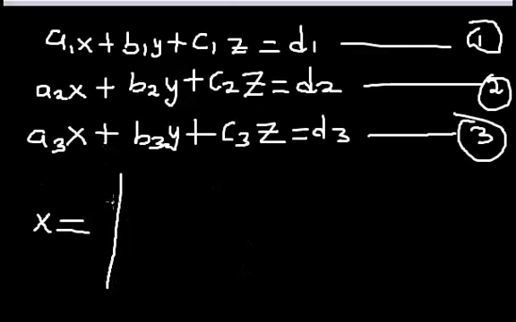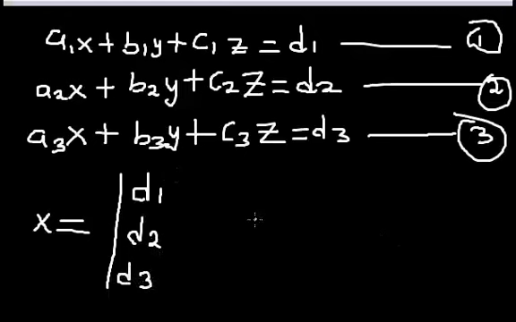If I want to get the determinant for x, which of course will be at the numerator, remember I have to start with the constant values d1, d2, d3. That is going to form my very first column.